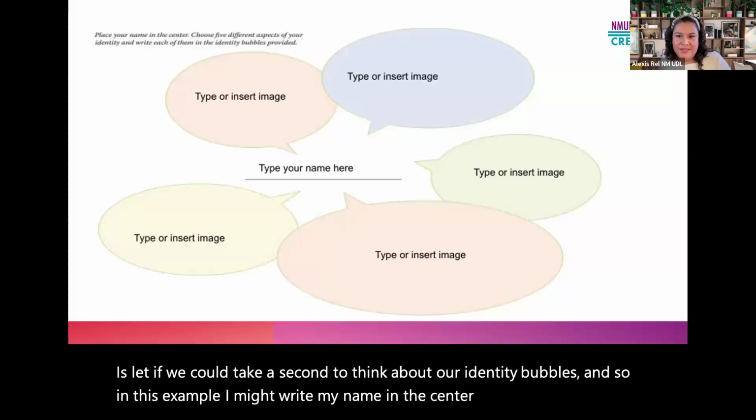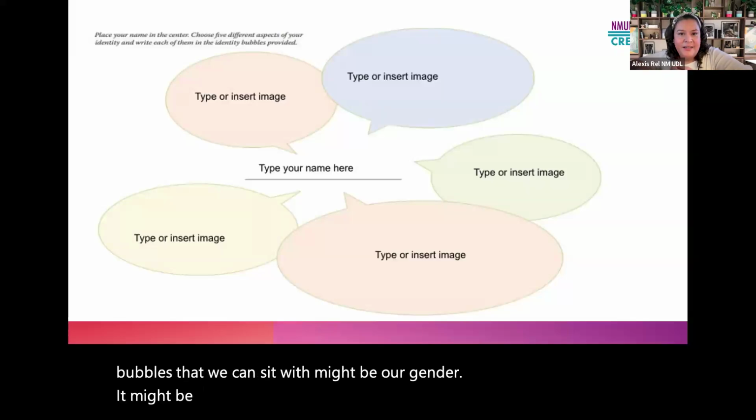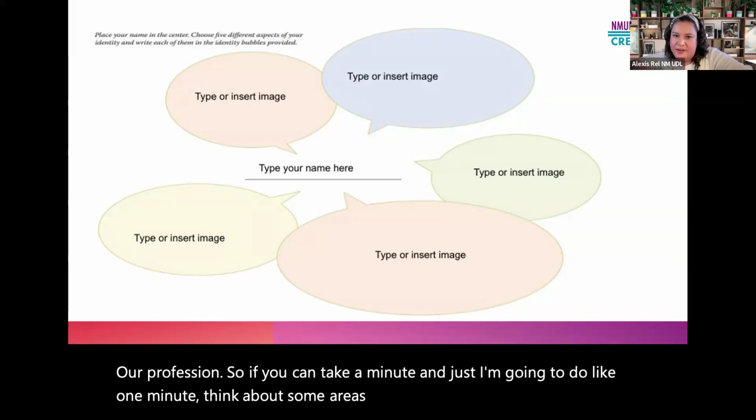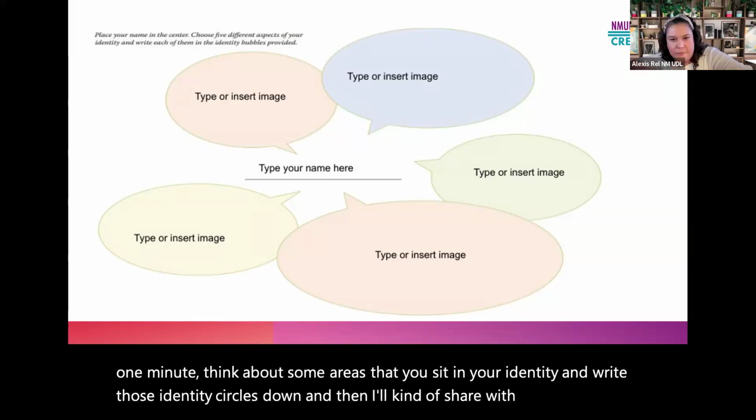Different identity bubbles that we can sit with might be our gender, our religion, our culture, our profession. So take about 1 minute and think about some areas where you sit in your identity and write those identity circles down. Then I'll share what mine would be.